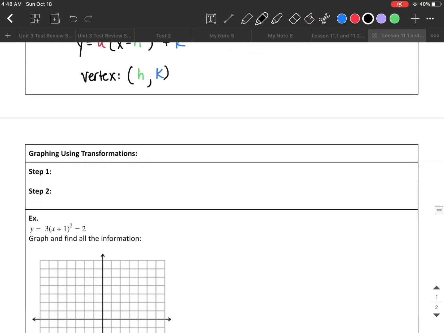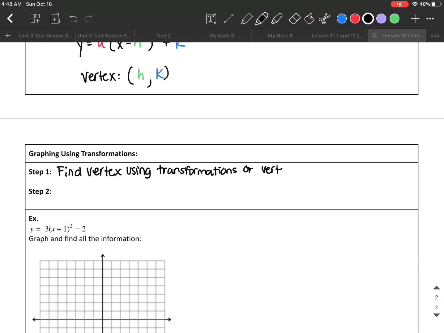All right, so first, for graphing using transformations, there are 2 steps to doing this. The first thing I'm going to do is find the vertex, using the transformations, or I can use vertex form to figure it out.